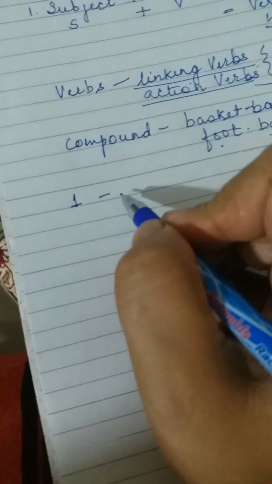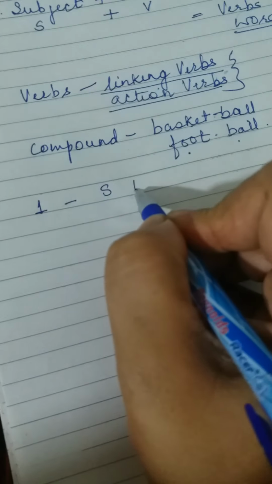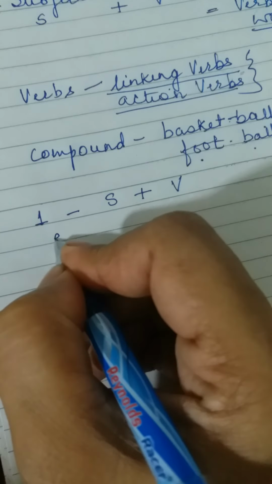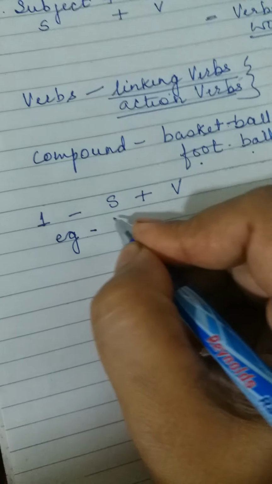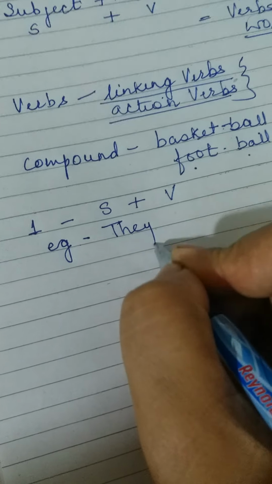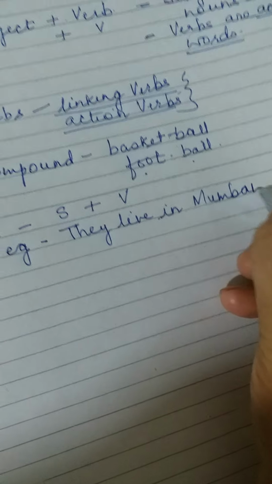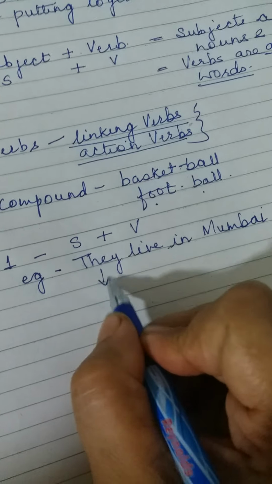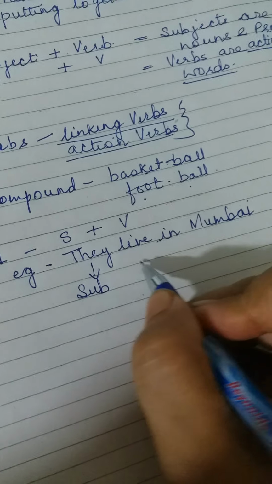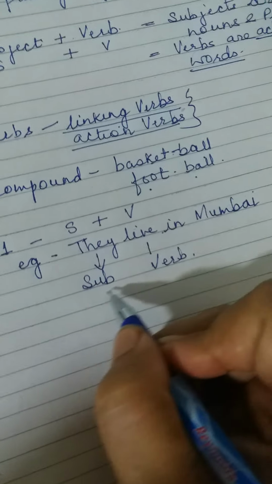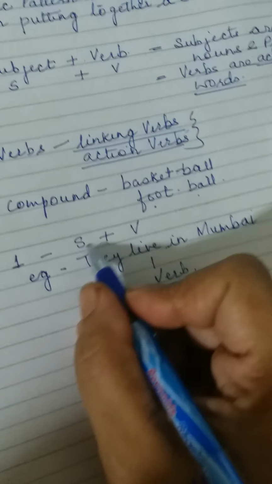Let us take the first pattern, S plus V. The example is: they live in Mumbai. Here, they is the subject, a pronoun, and live is the verb.